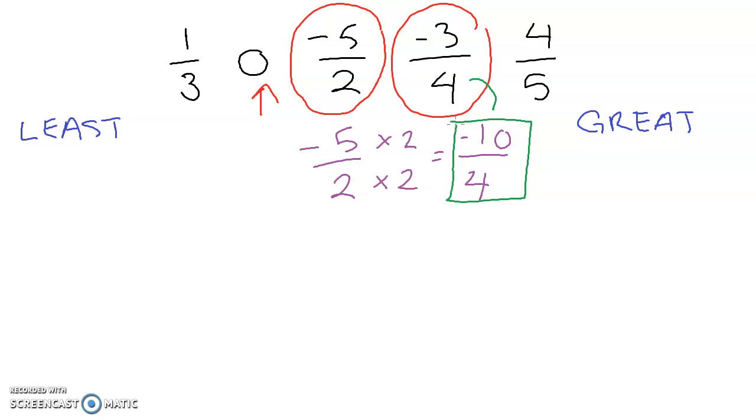So because this negative 10 is smaller than that negative 3, it is going to be my smallest number, my least number. So I will put it on the very far left of my line. However, I am not going to write the negative 10 fourths. I have to write the original fraction in the list. So my least number, my smallest number, is going to be negative 5 over 2.